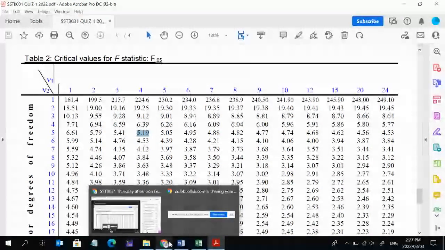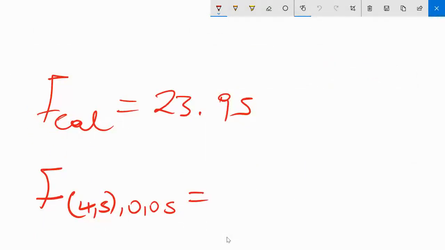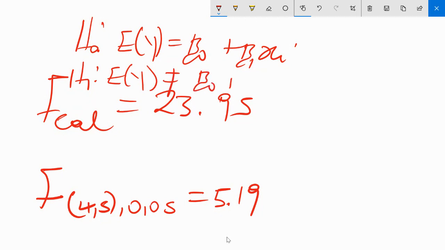I want to go back to the board. So our answer is 5.19. But what were we testing? H0: the expected value of y is equal to beta 0 plus beta 1 xi, which means there's no lack of fit. And H1: not equal to beta 0 plus this, which means there is a lack of fit.